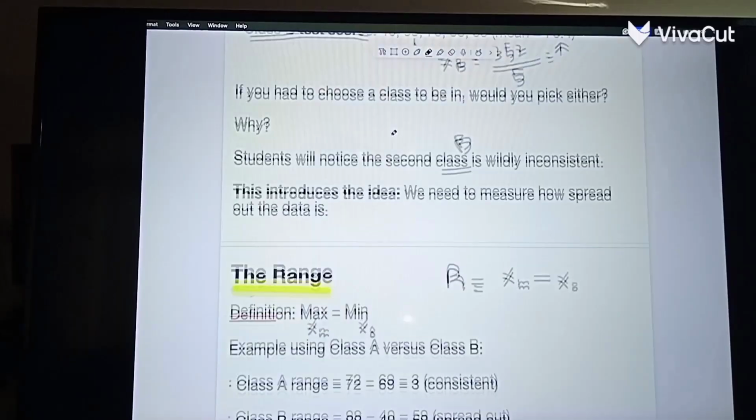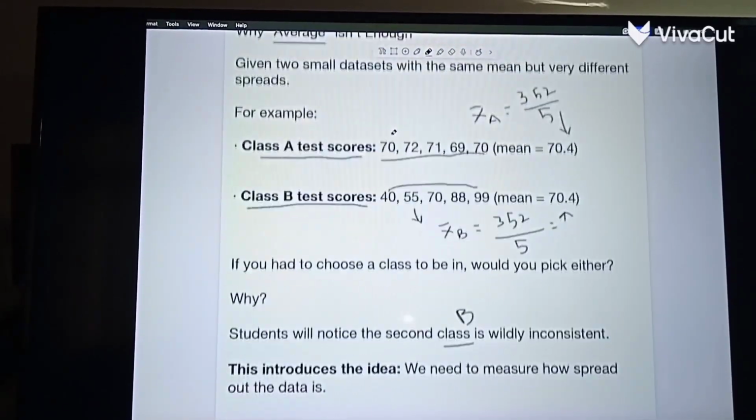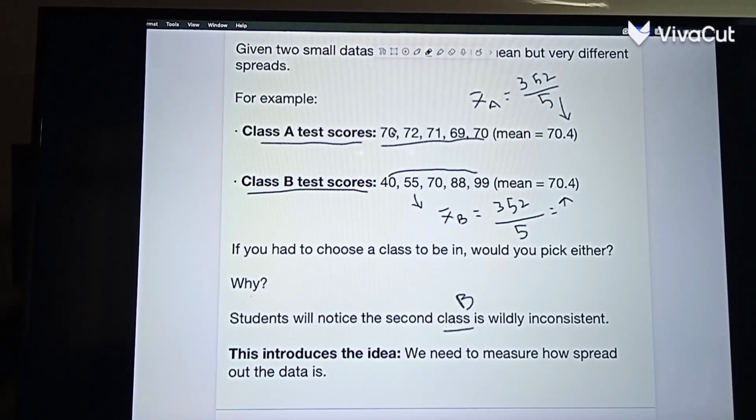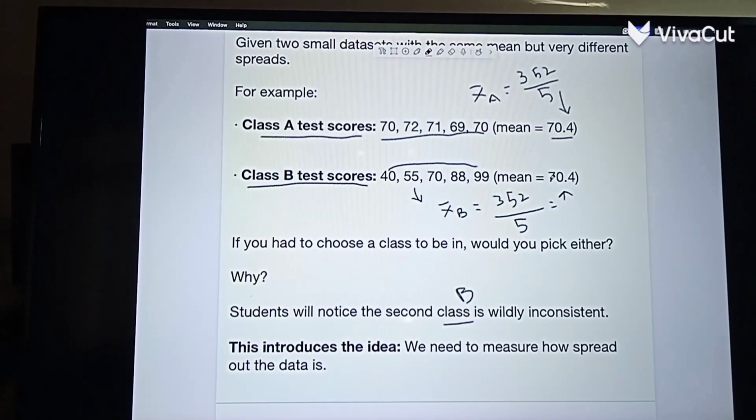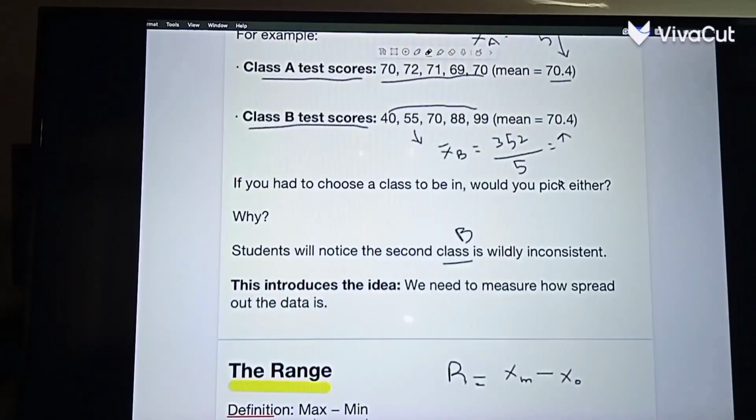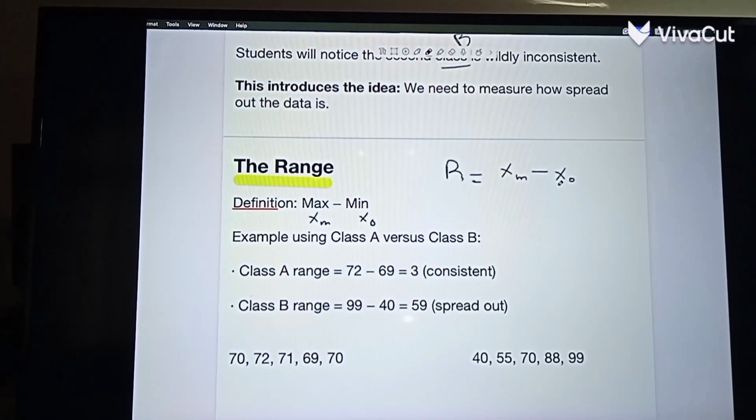Now let's consider our first example of the two classes' scores. Here the mean is 70.4 marks, and here again the mean is 70.4 marks. Now the range here is xm minus x naught.